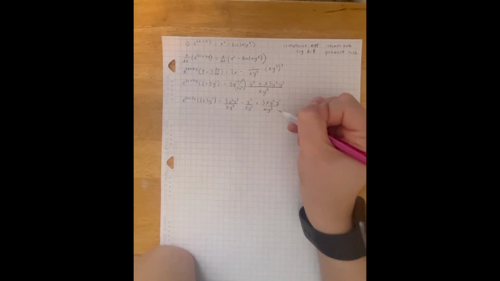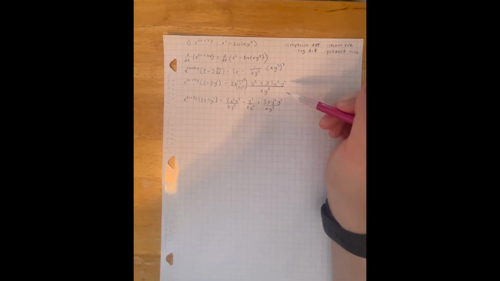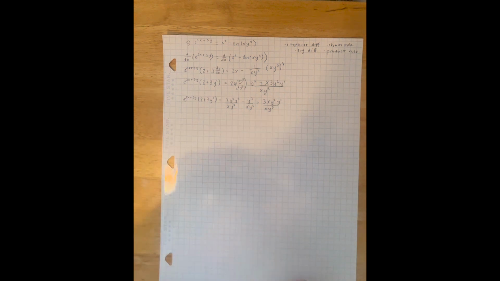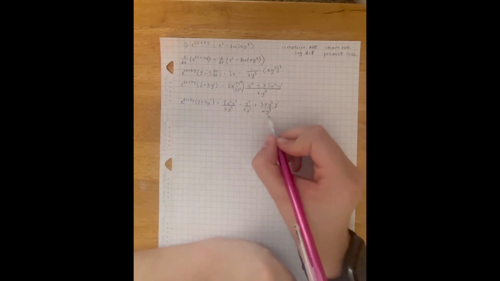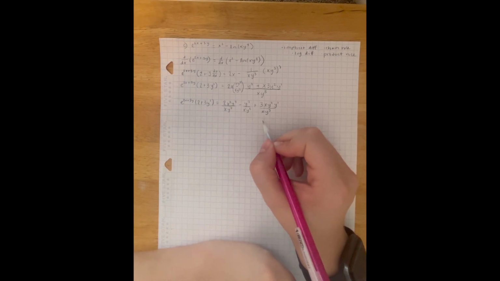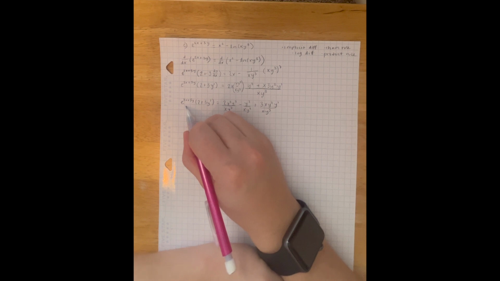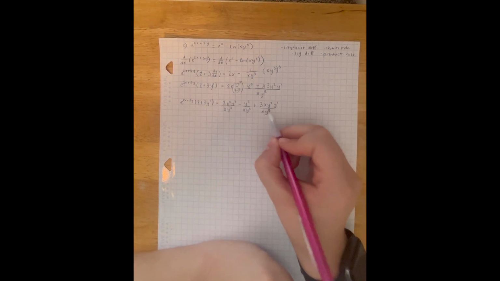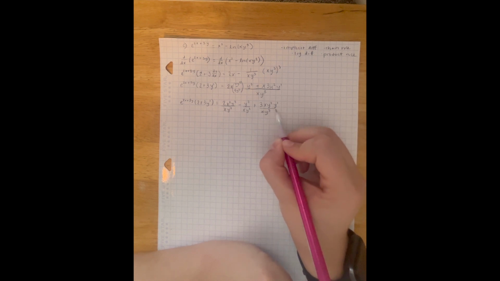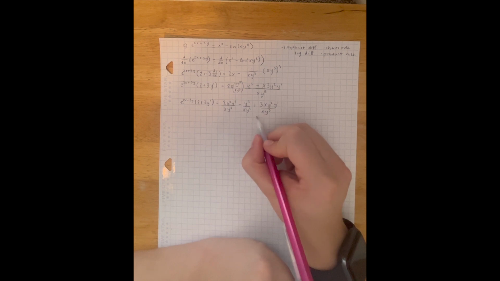over xy cubed. Okay, so now we have to get y primes by themselves so we can move it to the left side. So we're going to have to divide by the e^(2x+3y) and subtract the 3xy squared y prime over xy cubed to bring it to this side.